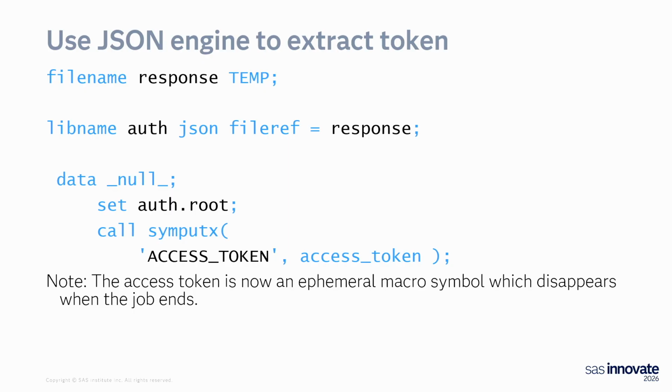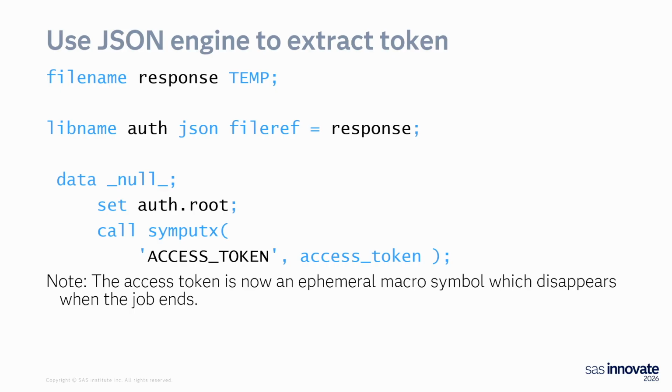Now, at this point, there are rules. This is a very simple JSON payload. SAS has built-in rules for how it decides to break everything apart. You can look at the LIBNAME auth like you might look at any other LIBNAME, say with PROC DATASETS.